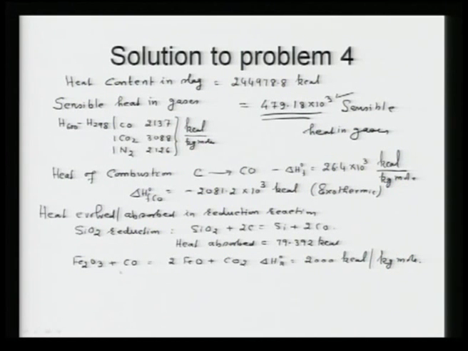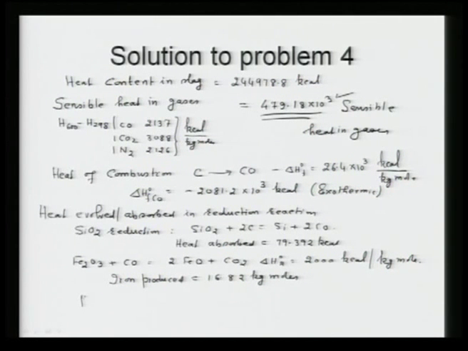Now, say total iron which is produced, we have to calculate now. Iron produced is 16.82 kg moles, and hence 16.82 kg moles of FeO will also be produced.